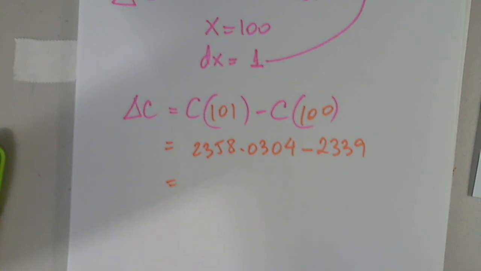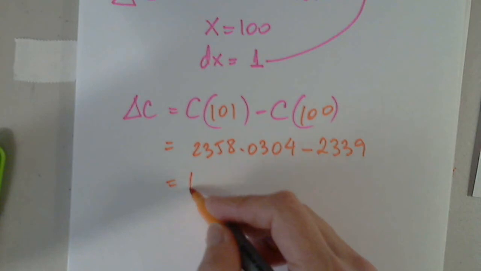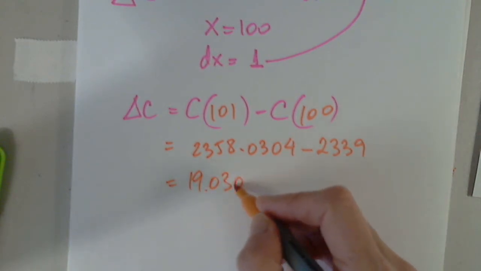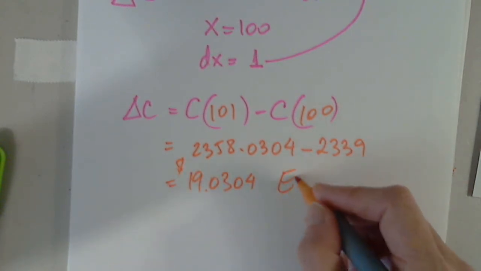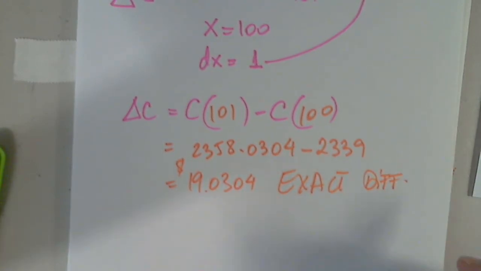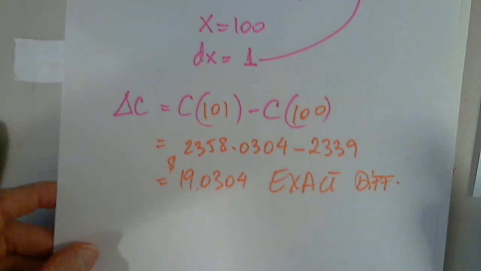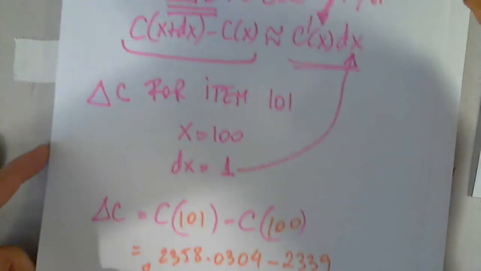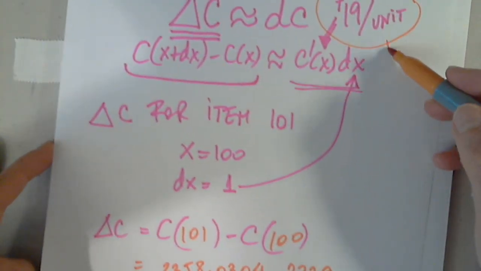Okay, so what do we get? 58 minus 39 is obviously 19.0304. Exact difference, exact cost of the 101st item, and this is the approximate cost.